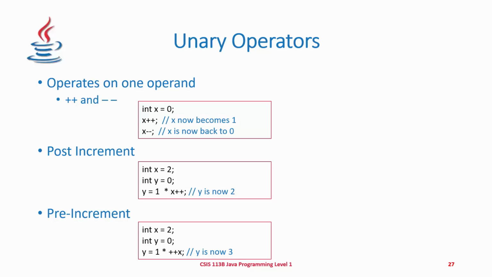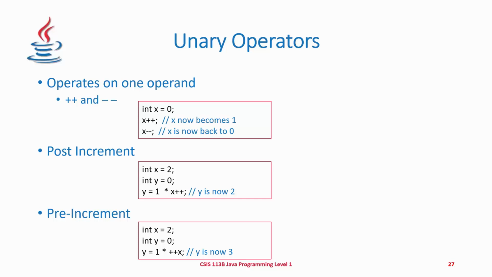In the second box, we're using the post-increment operator, which is just what we saw up above. However, it is being added to a calculation where we're multiplying. So let's take a look at that. We initialize x as 2, we initialize y as 0.